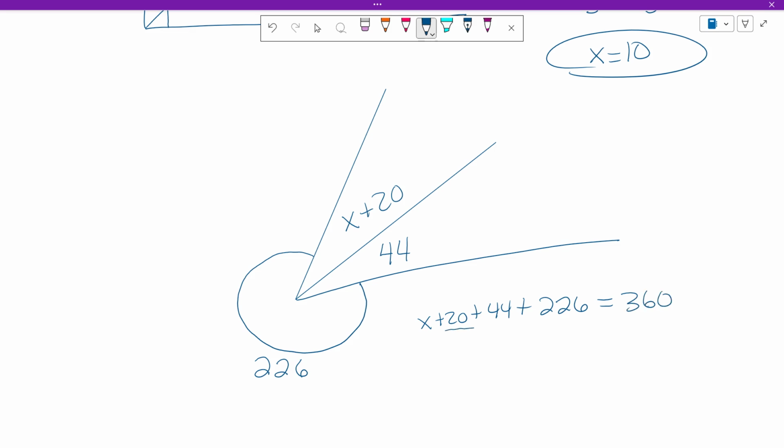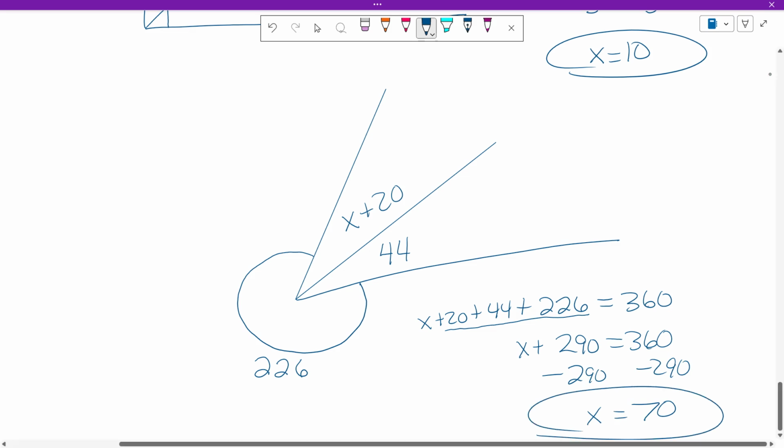So you combine your like terms first. We add these three together. 20 plus 44 is 64. 64 plus 226 is 290. And subtract 290. So x is 70.